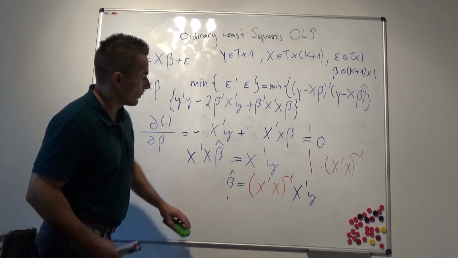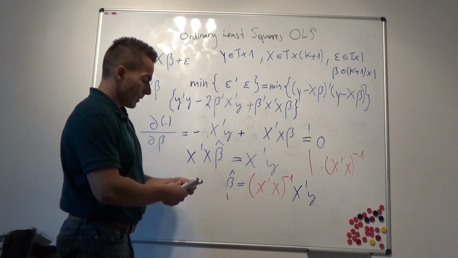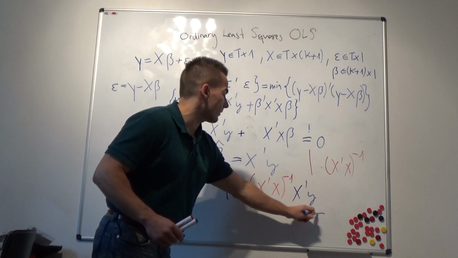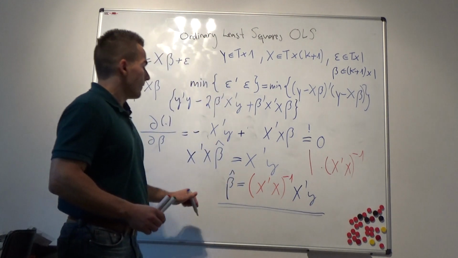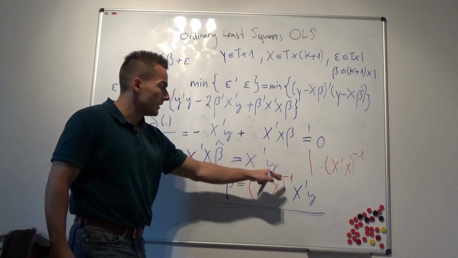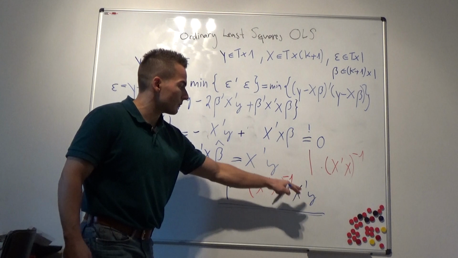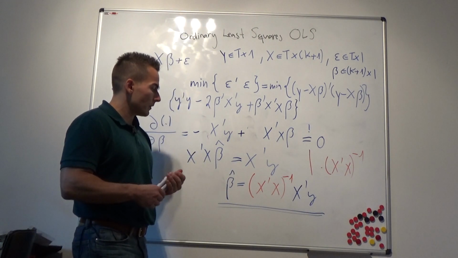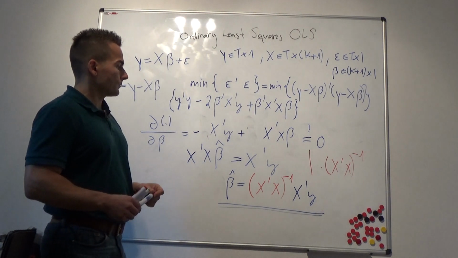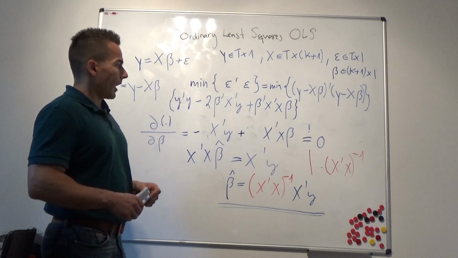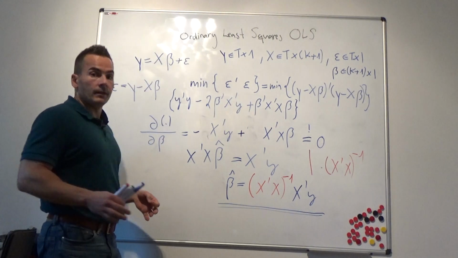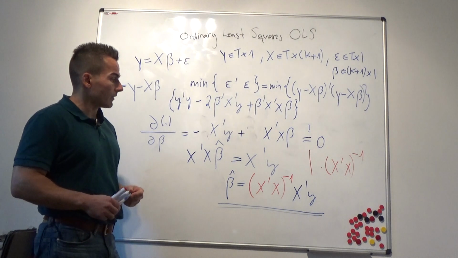So what remains is our beta hat, our well-known OLS formula, given by the regressor matrix X transposed times itself, inverted, times X transposed Y. That's our well-known OLS formula, and it's very important to know, because we will use this formula basically all the time.